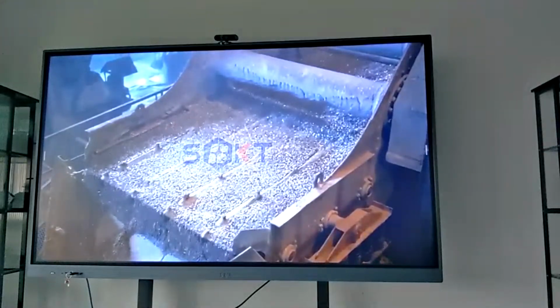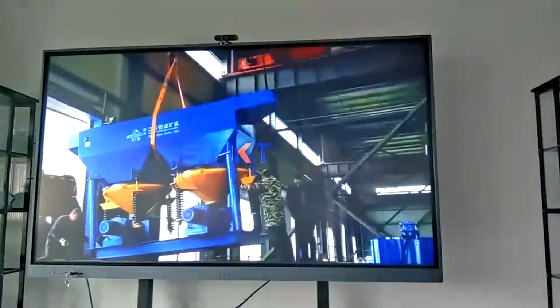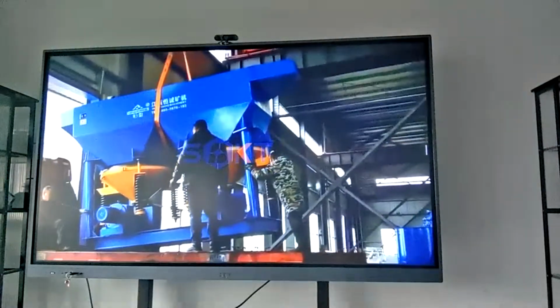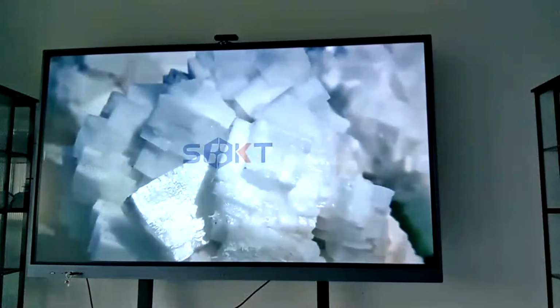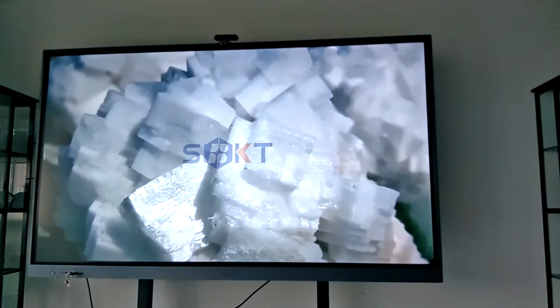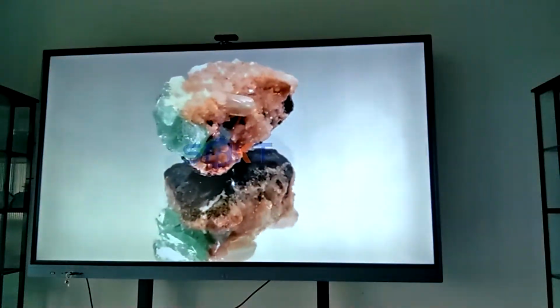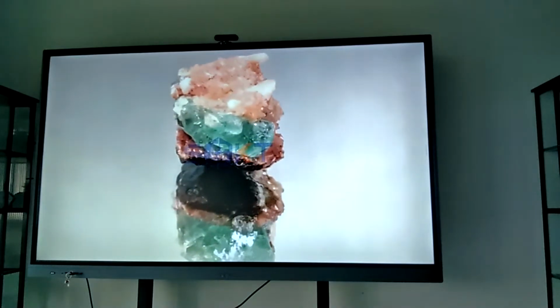Magnetic separators are divided into permanent magnet drum type and magnetic roller type, commonly used for iron removal or recovery of associated magnetic minerals before beneficiation.